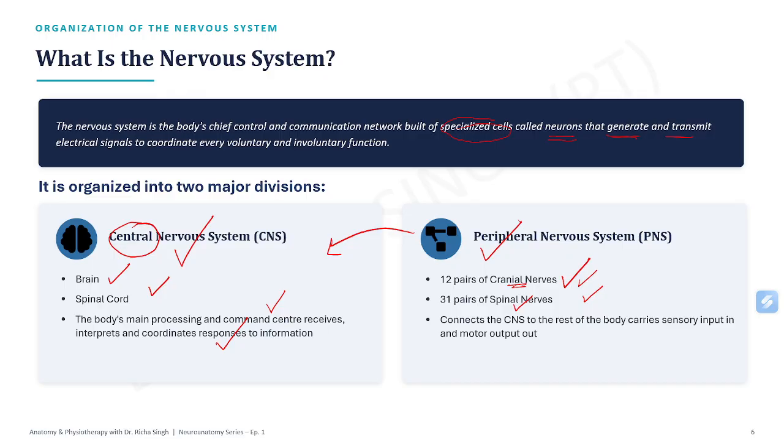So these components of peripheral nervous system will receive the information from the rest of the body about what is going on in the entire body in terms of both sensations called as a sensory input and in terms of the motor output. What is the output going to be? So both of these information, the sensory input and what the result is going to be, motor output, both will be transferred to this master to decide on.